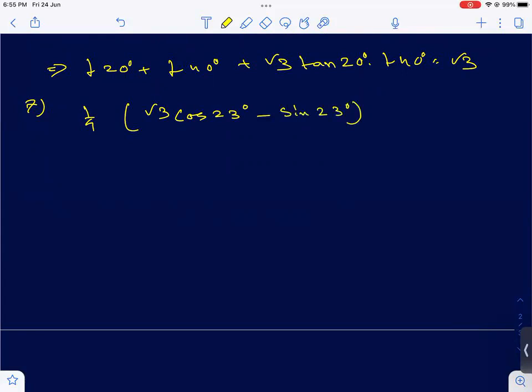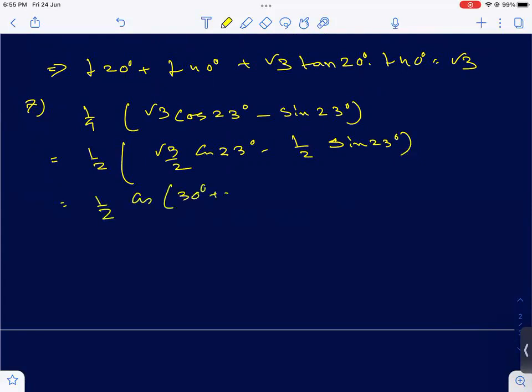If we use the cos A cos B minus sin A sin B formula, we introduce half cos 23 minus half sin 23. We are getting cos 30 plus 23, which equals cos 53 degrees. So this is coming D.